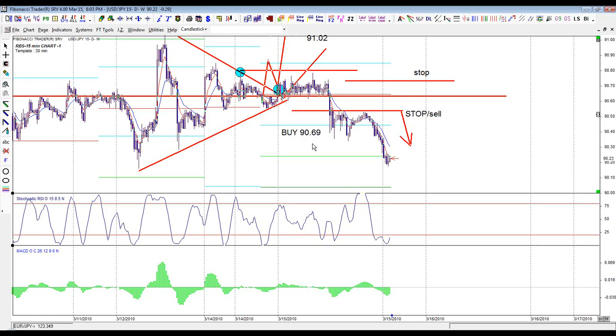Other software asks, okay, the price is now at 90.60, not at 90.69, do you want to enter? By the time you click yes, the price has moved to 90.50, and it won't accept your yes. It will ask you again, and you won't even be able to enter.